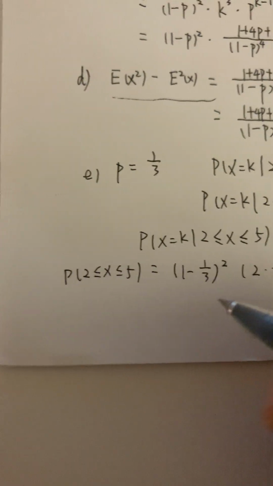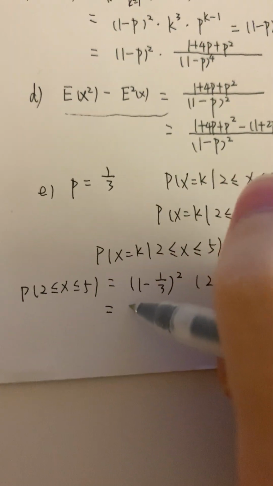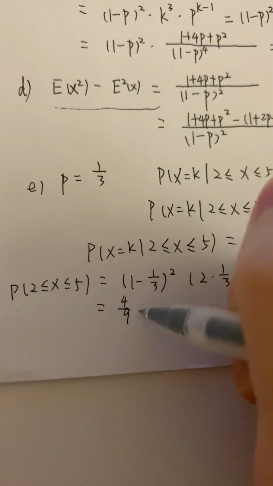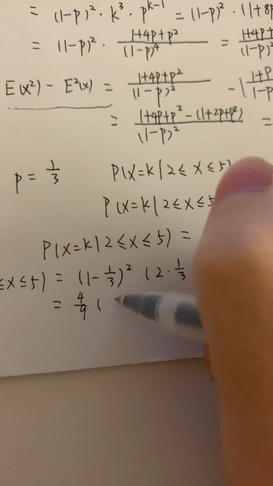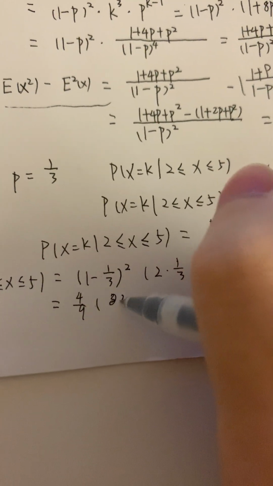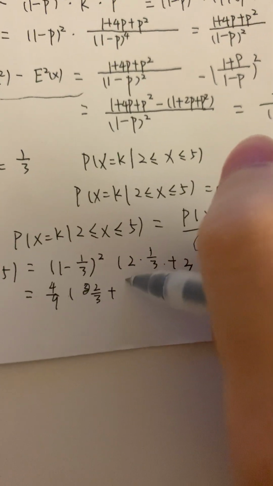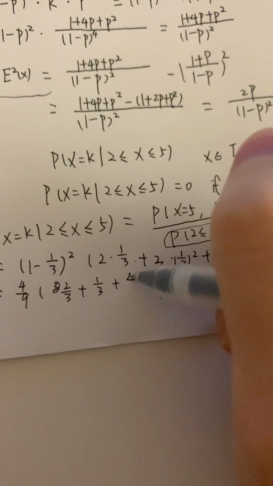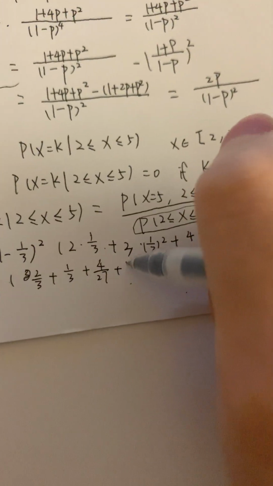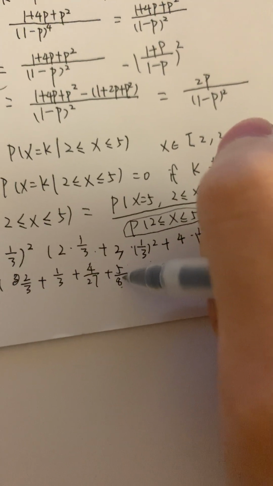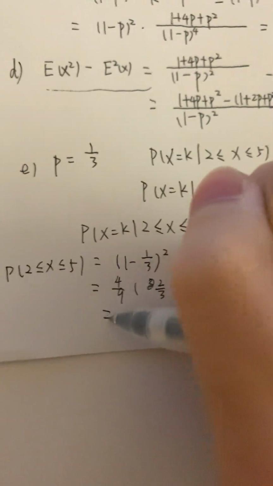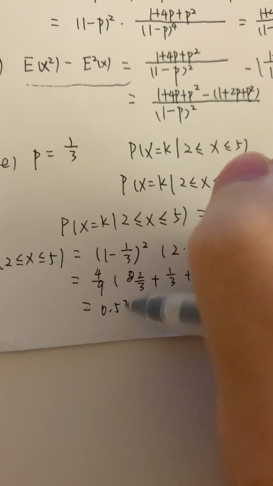So this is equal to 4 over 9 times (2 over 3 plus 1 over 3 plus 4 over 27 plus 5 over 81), which is equal to 0.537.